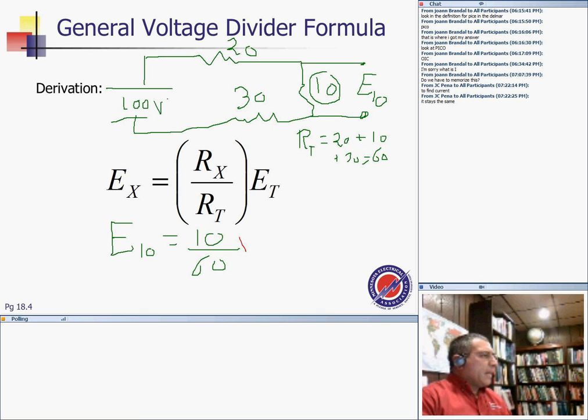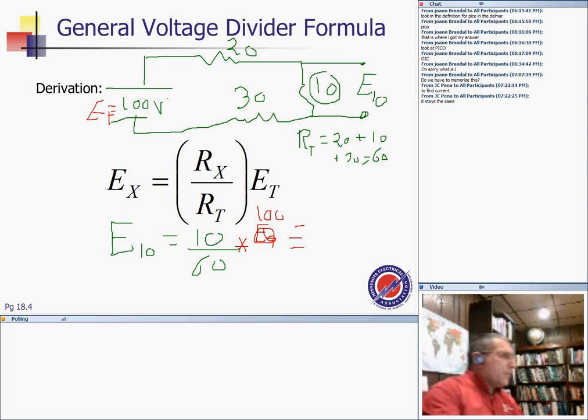And you multiply that by the source voltage, E total. Here's my E total, which is 100. So you take 100 times 10 divided by 60.